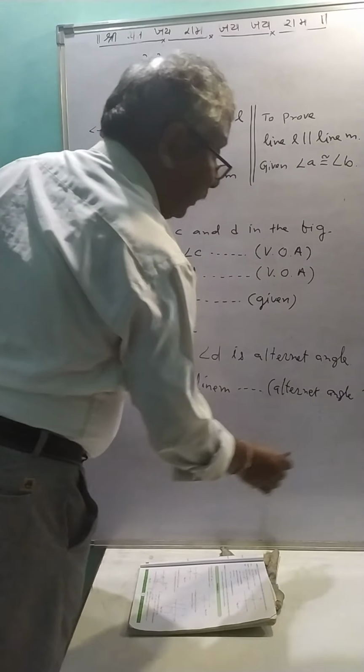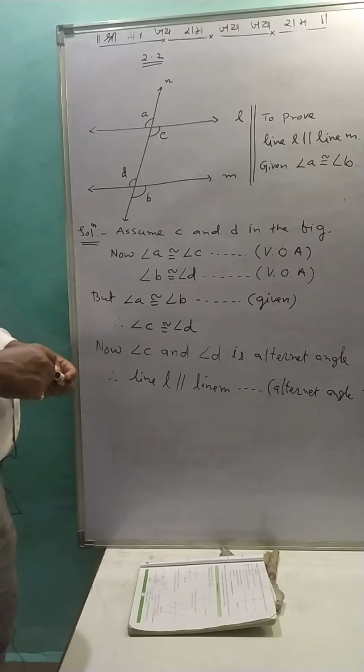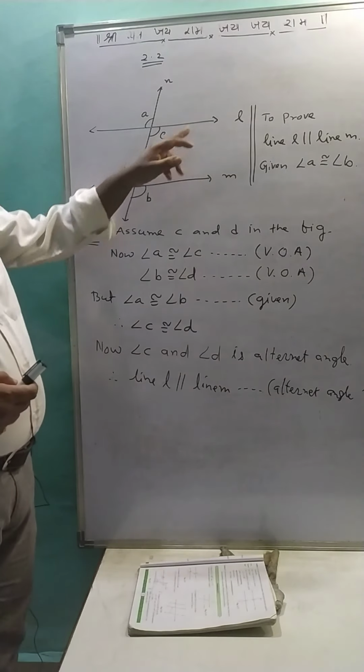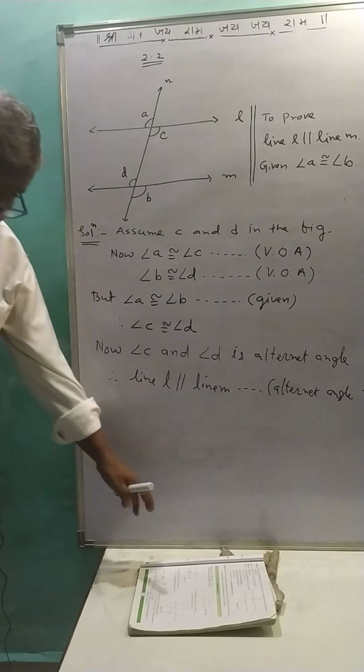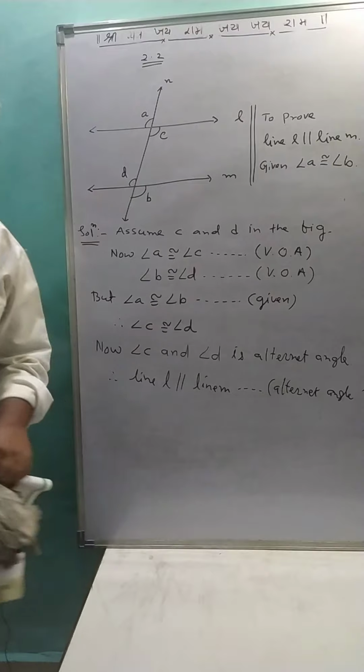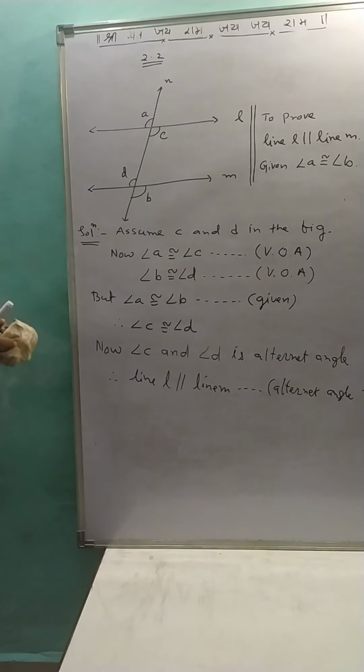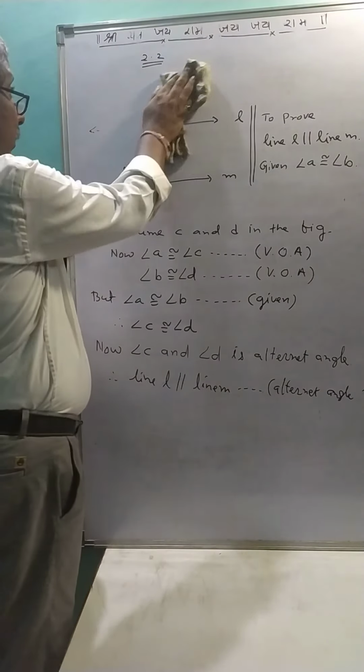So by the alternate angle test we can say line L is parallel to line M. Write down here, take the snapshot. Now we start the third one.